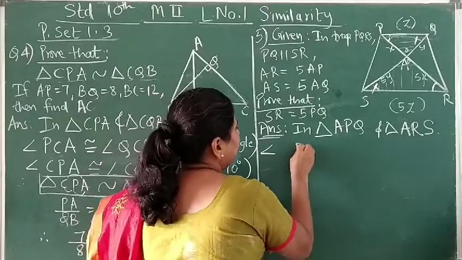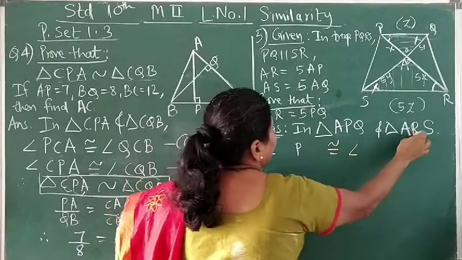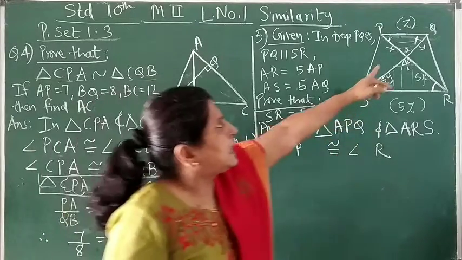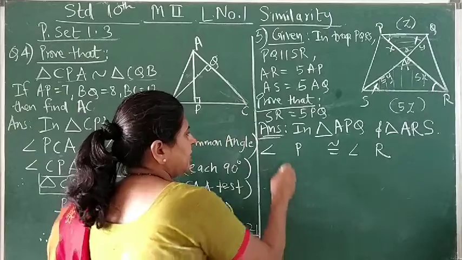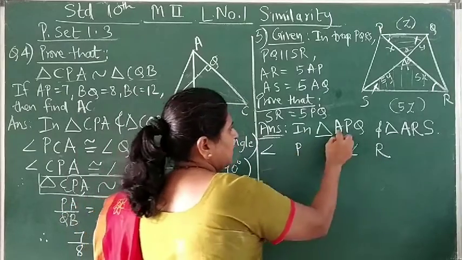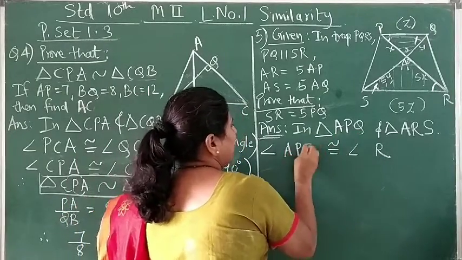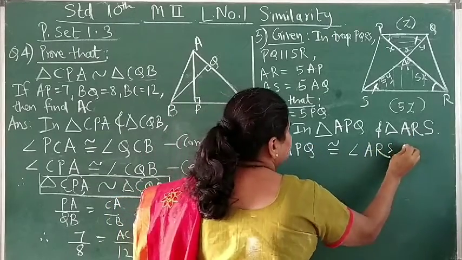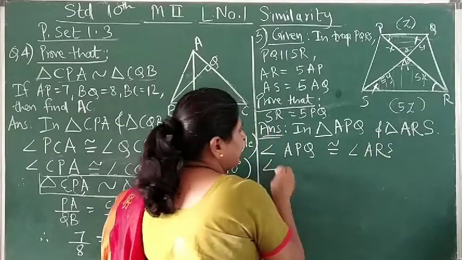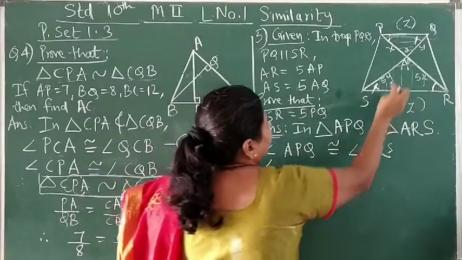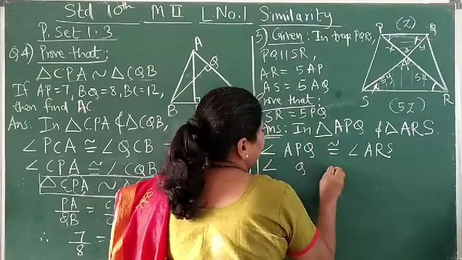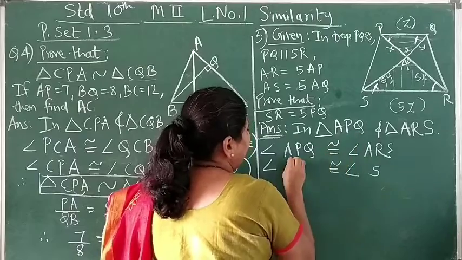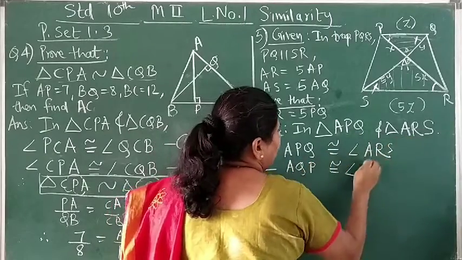So in these two triangles, what can we show? Angle P is congruent to angle R. See the way I am writing P and R. These are the alternate angles we have written, so P and R are written with the space, and now we write the remaining letters, A, Q here and A, S here. Now one more angle we will write, and we will write the reason together. Angle Q is congruent to angle S. And Q we have taken here, so the remaining is AP, AR.